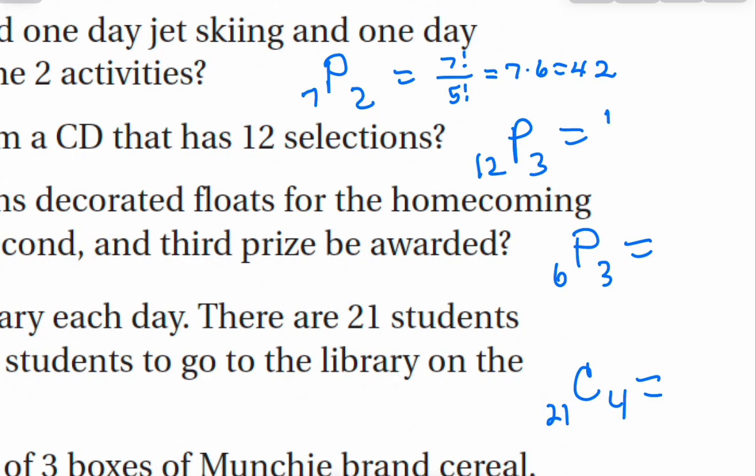Number 5 ends up being 12 factorial over 9 factorial, which is 12 times 11 times 10, which is 1320. Yeah.